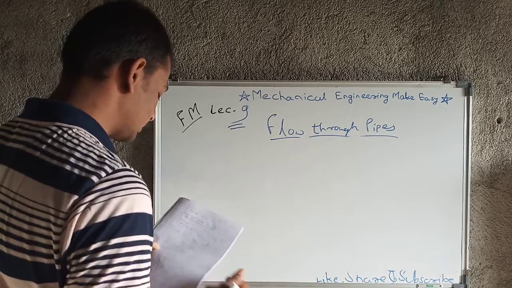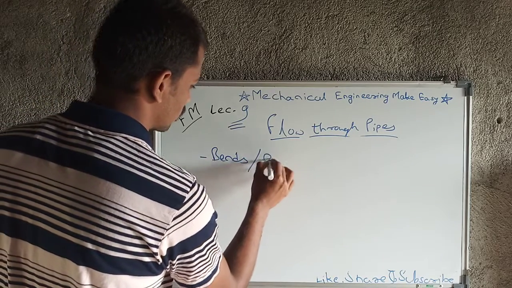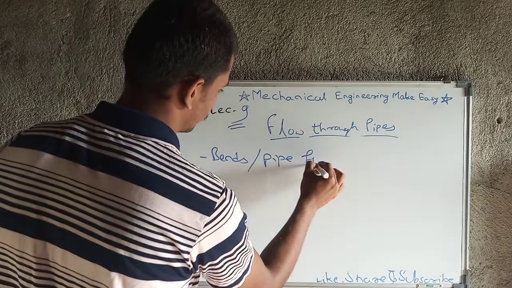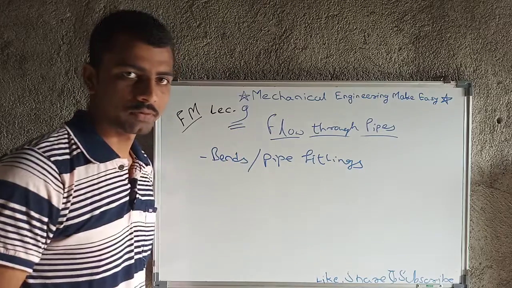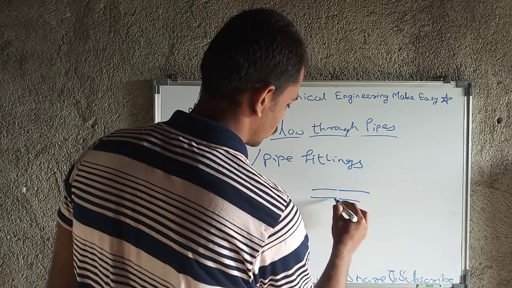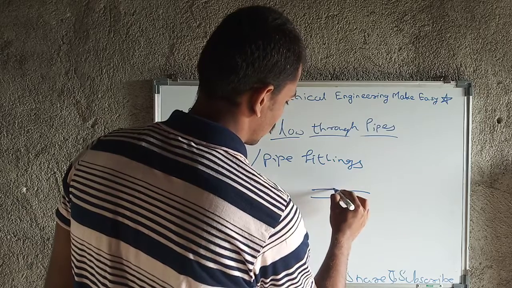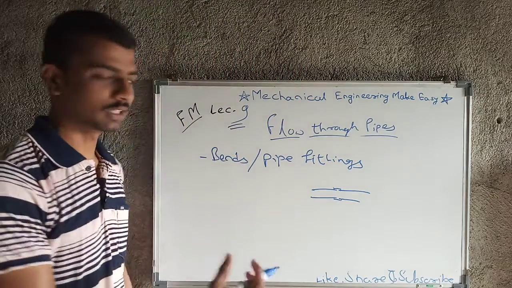Then bends or pipe fittings. There are a number of cases where we have to connect two pipes with each other, so we will use one coupling here likewise, or we can use another part.